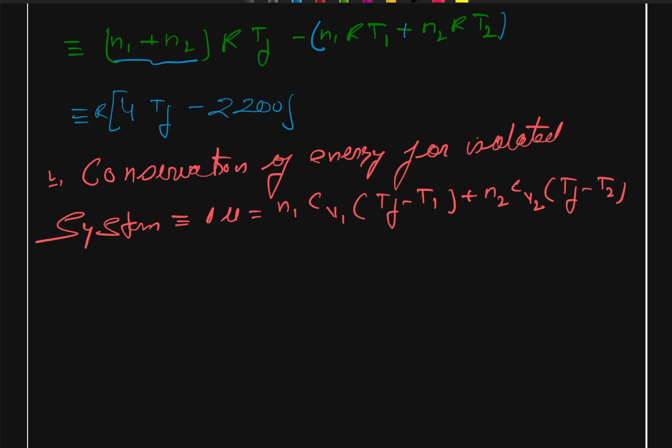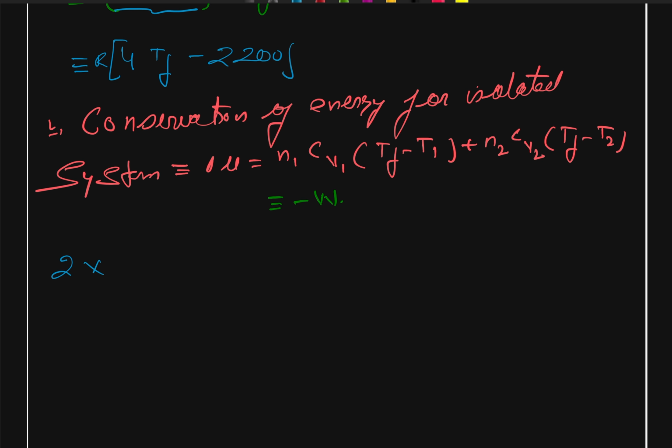and therefore we can write that this our N1 is our 2 multiplied by 3 by 2 R, and this comes as our Tf minus T1 plus 2 times 7 by 2 R, and this comes as Tf minus T2, and this is equal to minus of W, which we already found out.